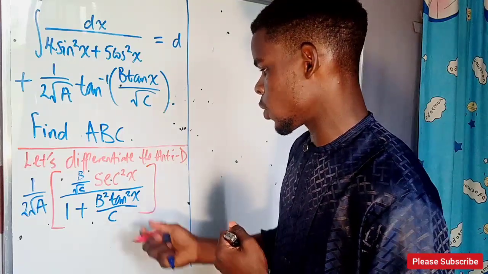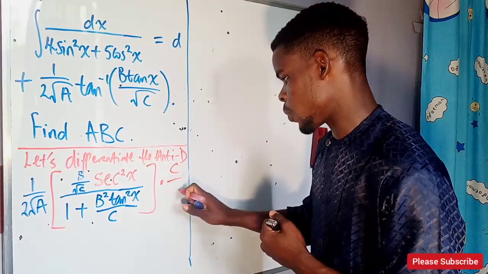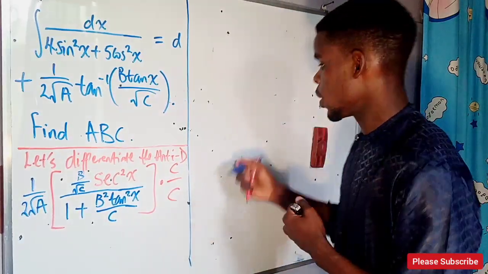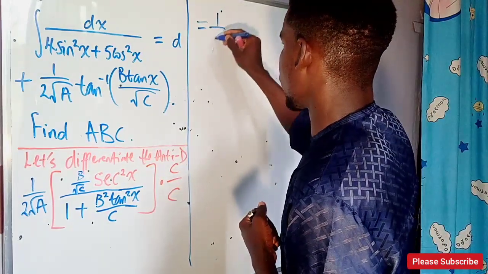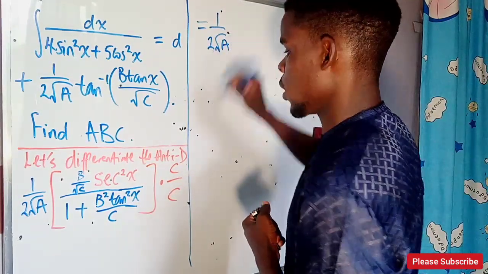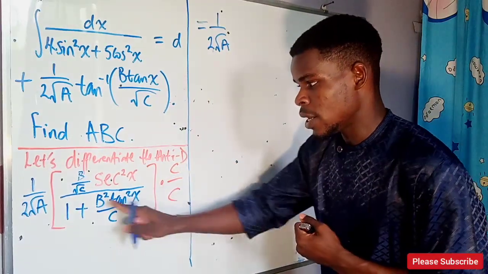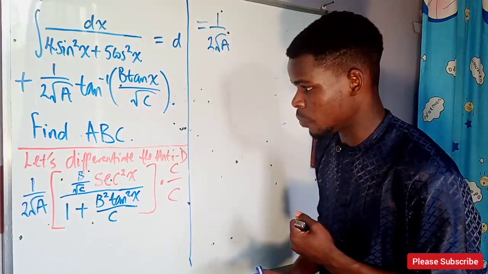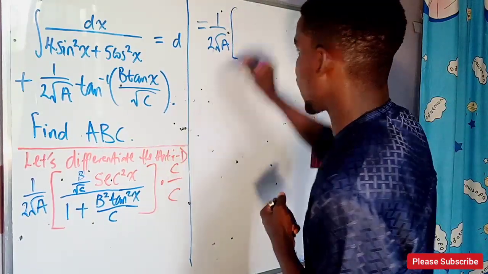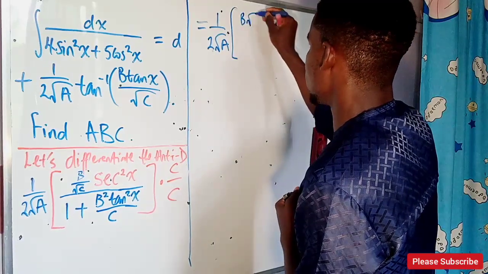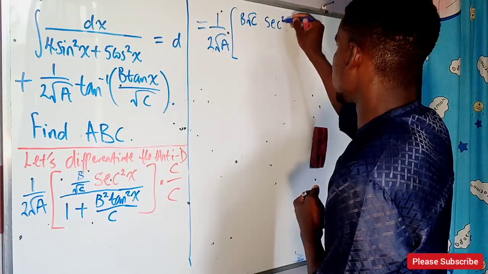Let's start by multiplying numerator and denominator by c, because I want to clear the fraction at the bottom. This will give us 1 over 2 times the square root of a, multiplied by this. Notice we have a square root of c under the b, so inside this bracket we're going to have b times the square root of c, multiplied by secant squared of x.